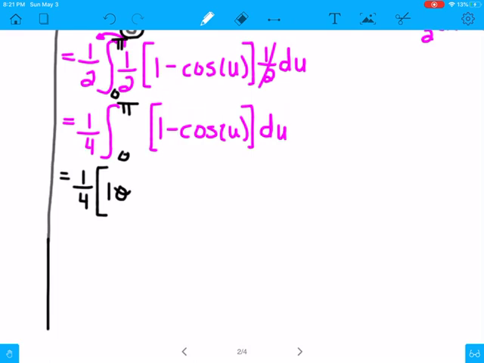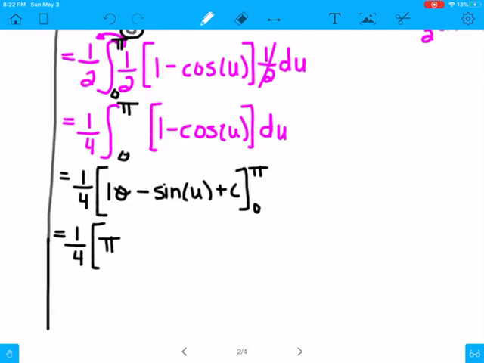And then the antiderivative of minus cos is minus sine, because the derivative of sine is cos, so the derivative of negative sine is negative cos. And remember, we're going backwards. So sine of u plus c from 0 to pi. And now we just do the fundamental theorem of calculus. So the quarter sits out front, and we're going to fill pi in first. So pi minus sine pi plus c.